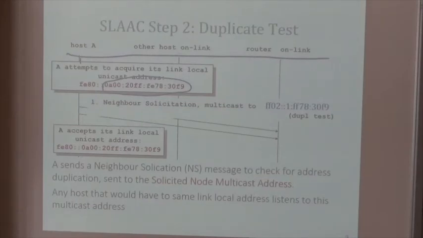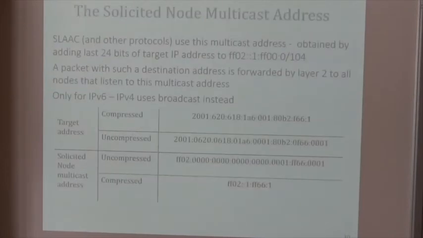You could really wonder whether you could not simply broadcast it, but no, you don't. What you do is you create, as explained here, a special multicast address that takes the last 24 bits of the target IP address. The target IP address is the address for which you're trying to do a duplicate test. So you want to reach all systems that have this address.